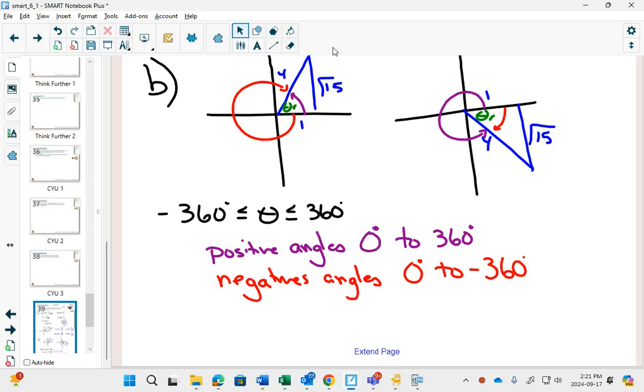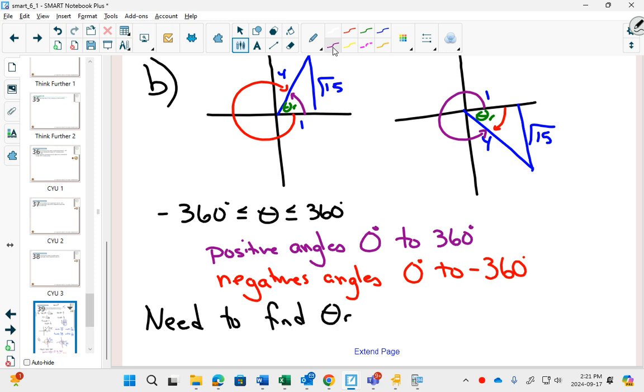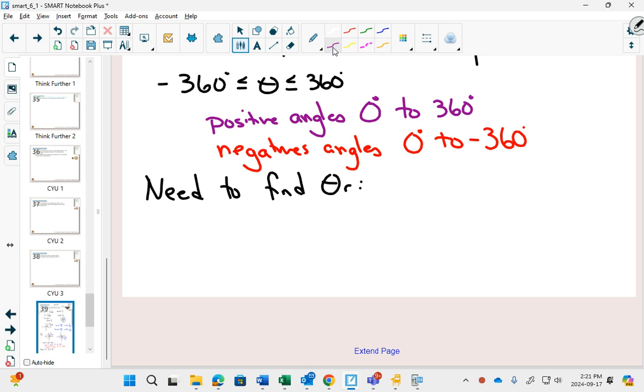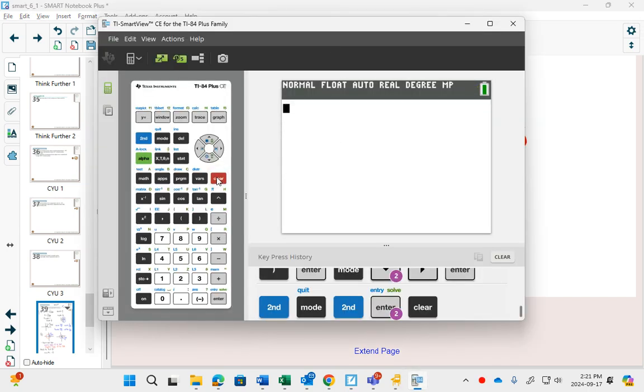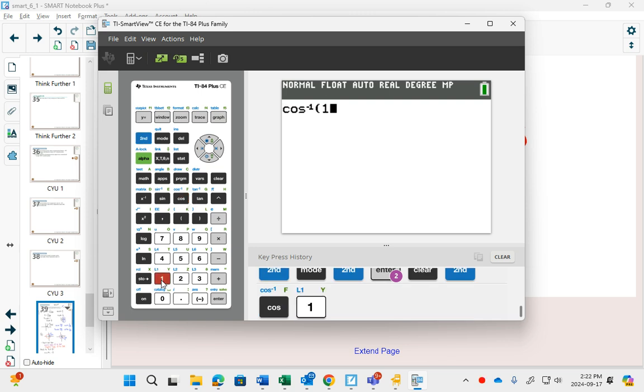So in order to find all of these, you first need to find your reference angle. And your reference angle is easy to find. You're just going to use one of your triangles. And my reference angle, well, I know that cos was 1/4. So I'm going to need to go to my calculator and go cos inverse of 1 divided by 4.